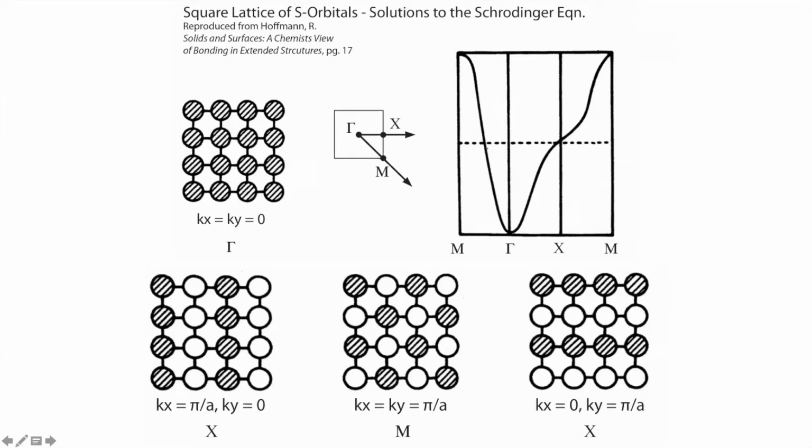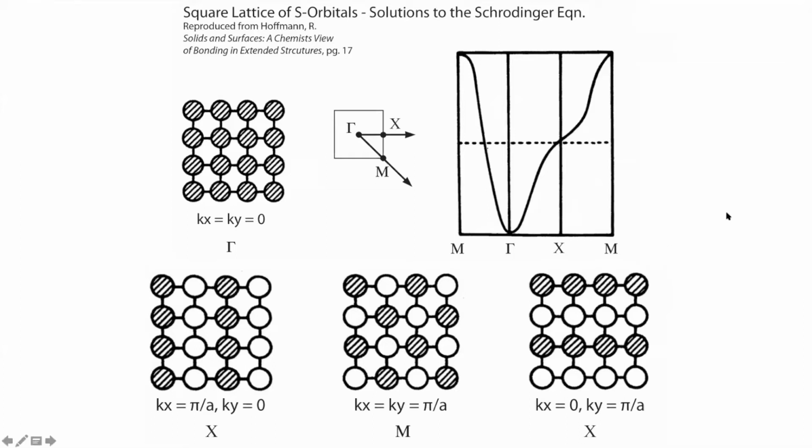So you can see that in a square lattice like this, there really are two vectors of interest, x and y, and you can look at how the wave function varies as you go from the kx and ky equals 0 solution to other solutions where either x or y or both equal pi over a.